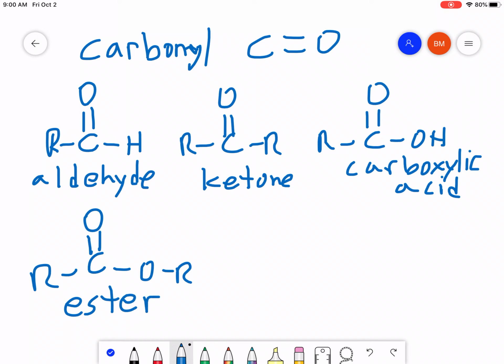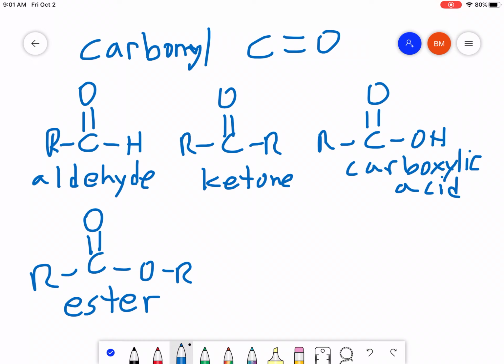Side note, esters are what you love to work with in the lab. Why? Because esters smell good. They frequently smell a lot like fruits. You might have one that smells like cherries or banana or pineapple or something like that. Some of them also smell like wintergreen and rum, peppermint. So they're kind of fun.